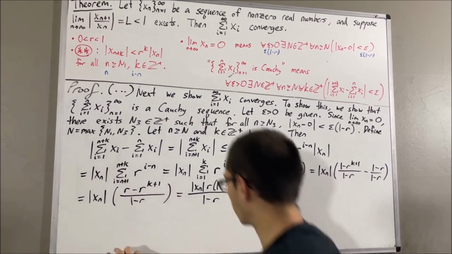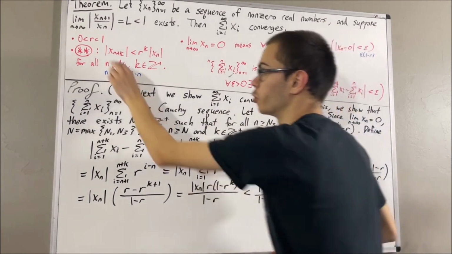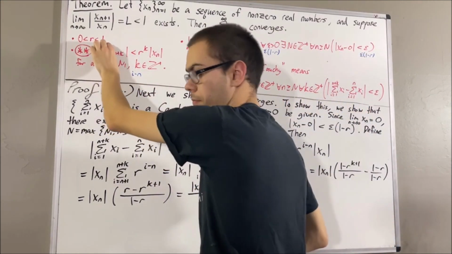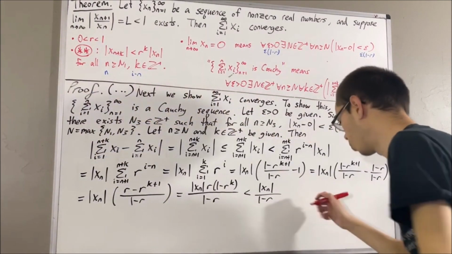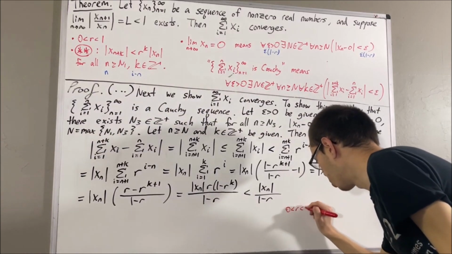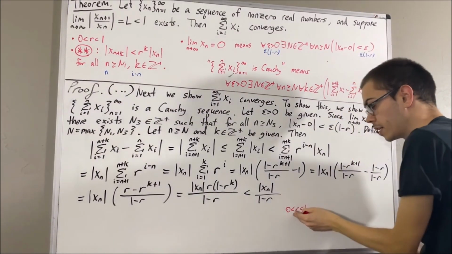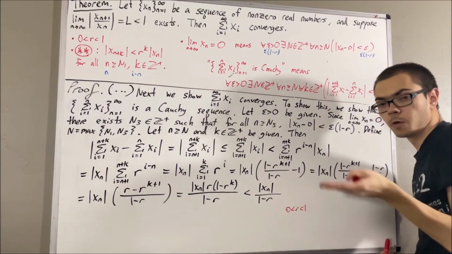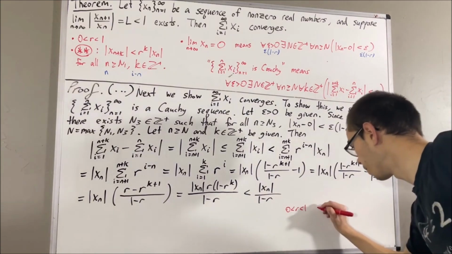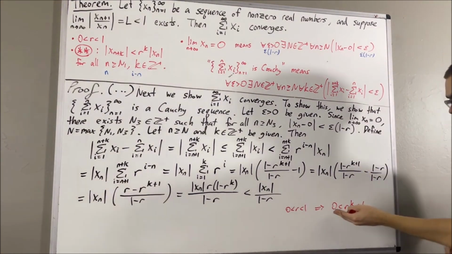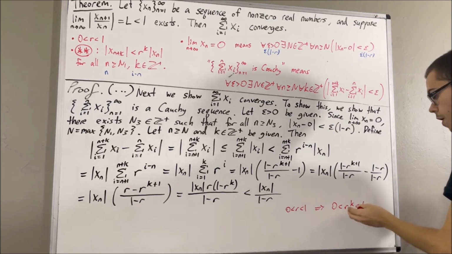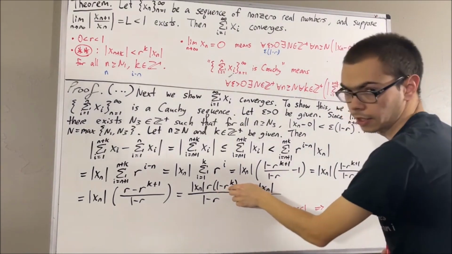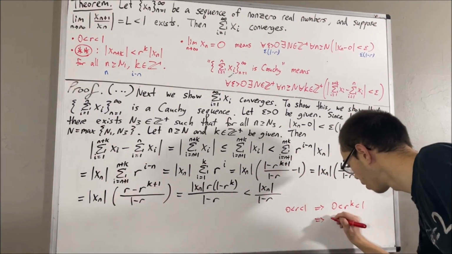Well, the reason why is because r is between 0 and 1, and 1 minus r to the k is between 0 and 1. Right? So r is between 0 and 1, well, when we take any number between 0 and 1 and multiply it by itself over and over again, it's still going to be between 0 and 1. So r to the k lies between 0 and 1. But then, if you just negate both sides and add 1, you're going to get that 1 minus r to the k also lies between 0 and 1.